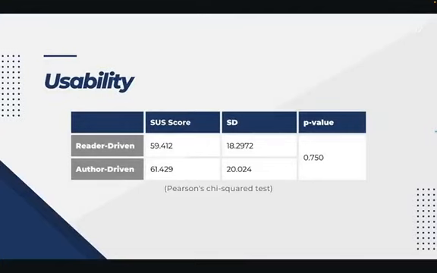In terms of overall usability score, the author-driven prototype had a higher score than the reader-driven prototype. However, both prototypes still scored below the mean system usability scale value.